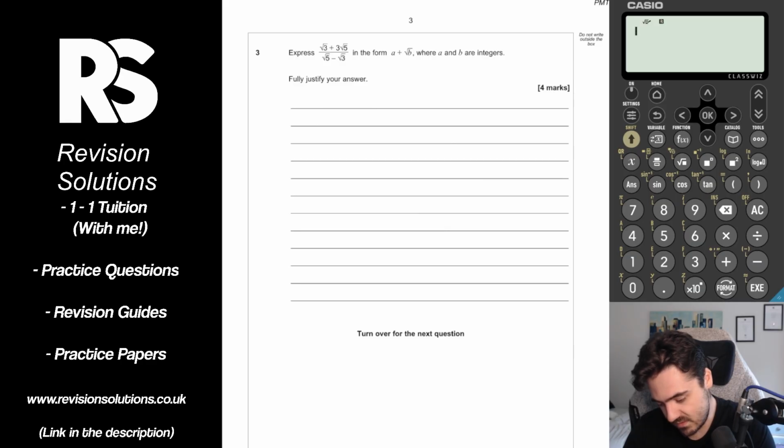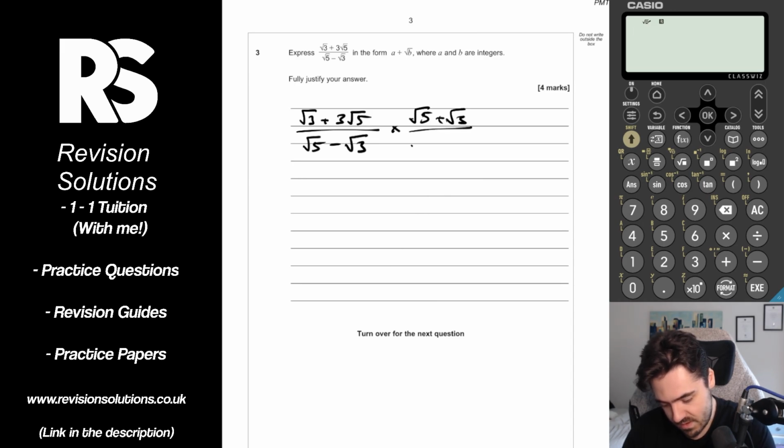Writing that out, that would be root 3 plus 3 root 5 over root 5 minus root 3. Then I'm going to change the sign of the root 3, so we're going to multiply by root 5 plus root 3 on the top and bottom. And I'm allowed to do this because that's just 1. Anything divided by itself is 1, and we can always multiply by 1 without changing the fraction.